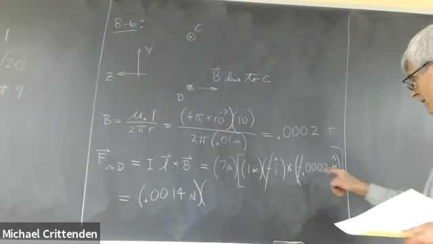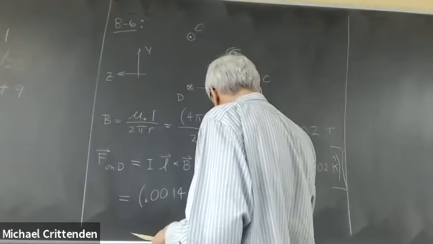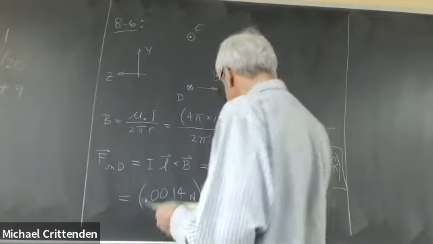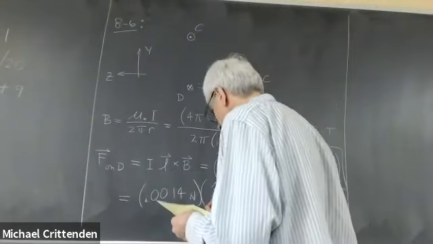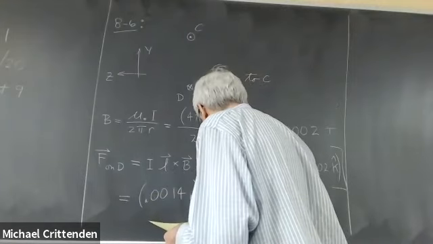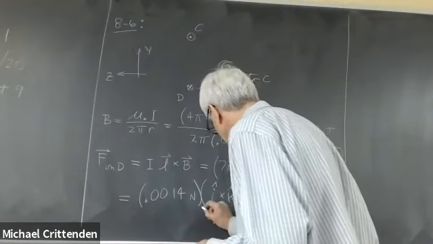We have I cross K. I cross K is equal to, drew that really badly. Let's try that again.